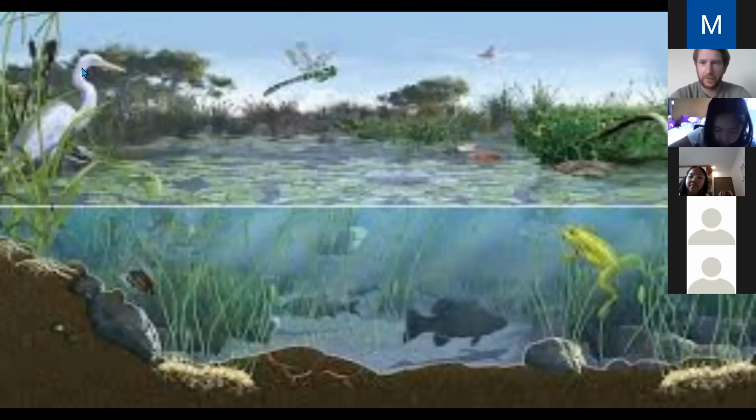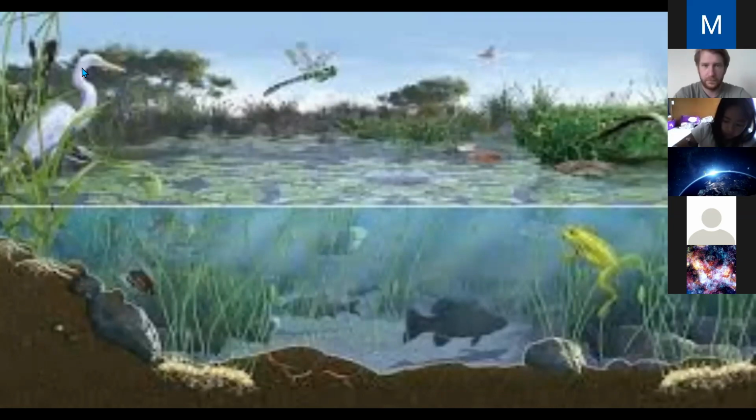You can tell me something about the dragonfly. Pumpkin. Flying on the water. Flying above the water, okay. So think about the abiotic factor. What is a dragonfly doing? It's flying in the air, right? Yes.